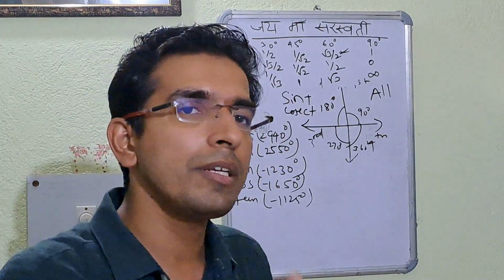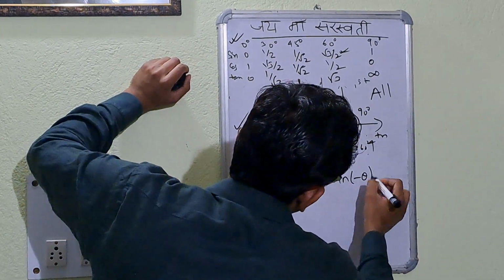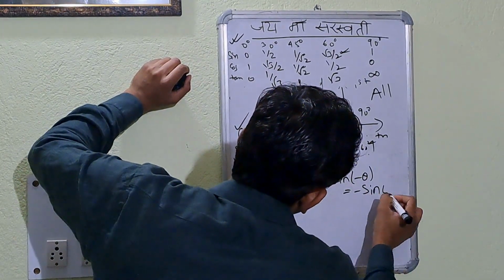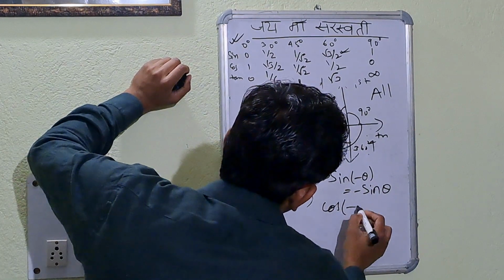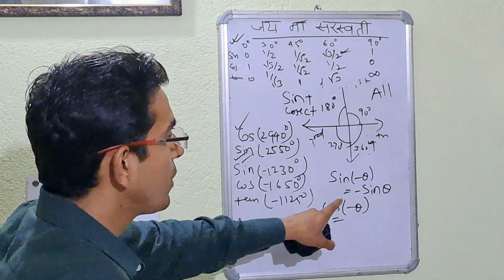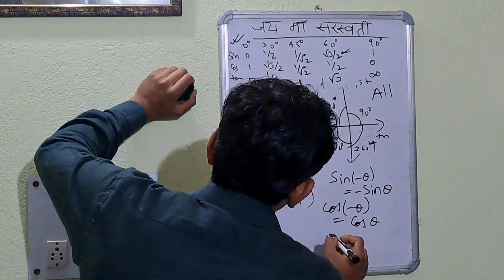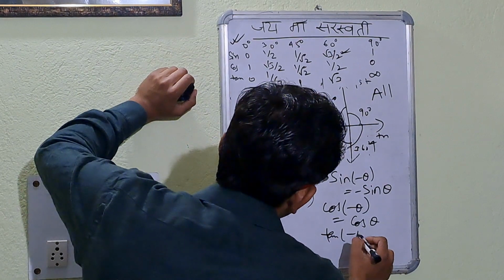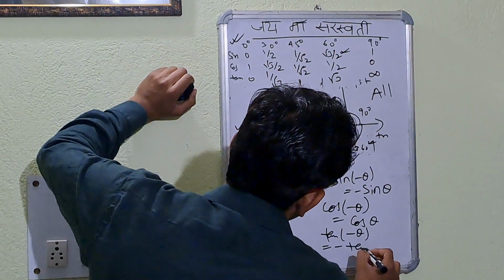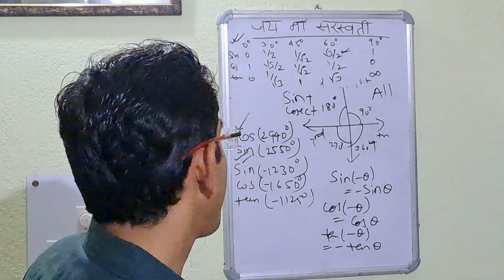Whenever we have to find a trigonometric value of an angle with a negative value, we write sine minus theta is equal to minus sine theta. Cos minus theta is equal to cos theta, and tan minus theta is equal to minus tan theta. Okay, so these are the particular values.